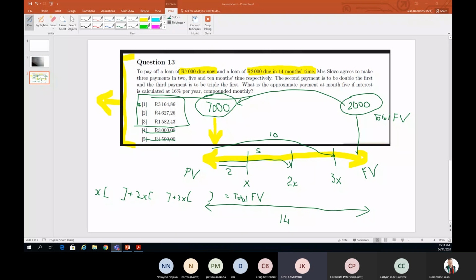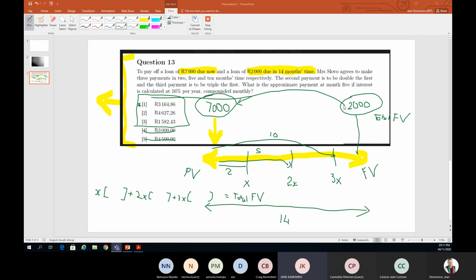I don't know if it's going to take much of your time, but I can read what they did here. They said in this question, the person is rescheduling a payment towards her loan. We make use of the equation of value principle, namely what you owe, you have to pay back. That's the total of all loans and equals the total of all payments.